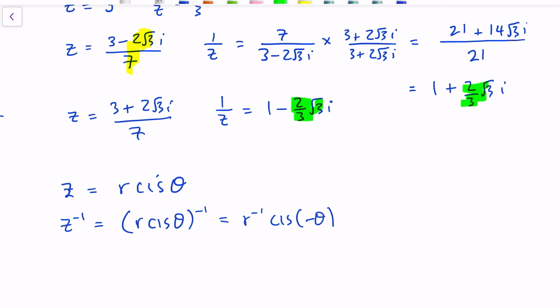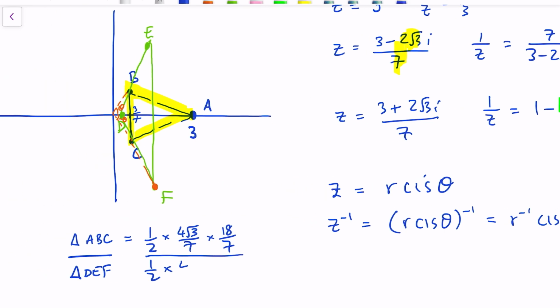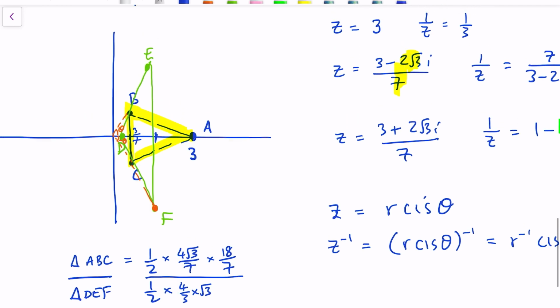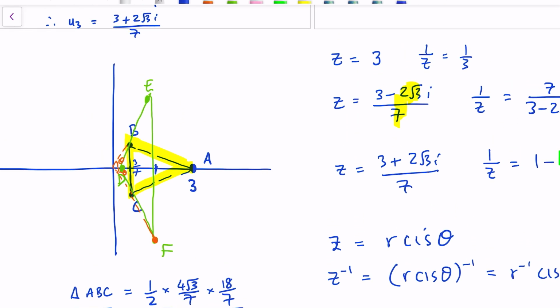We get 4/3 times √3. And then the distance between D and the real part of E and F. The real part of E and F was 1, and D was a third. So we're going from 1/3 to 1 to 2/3.